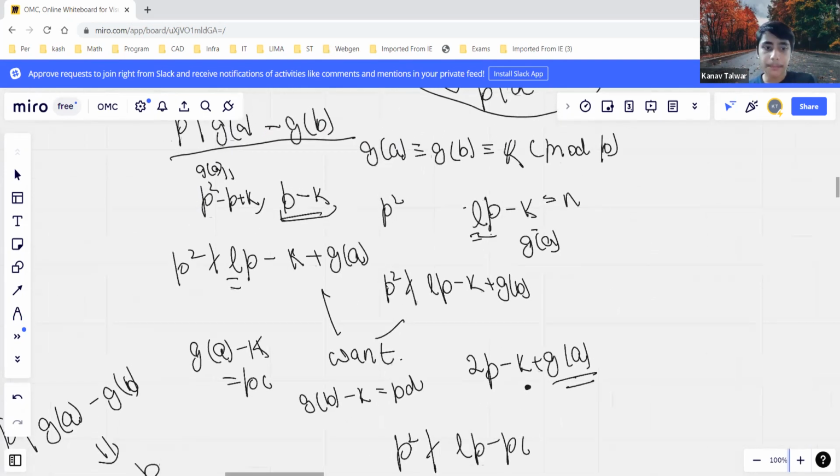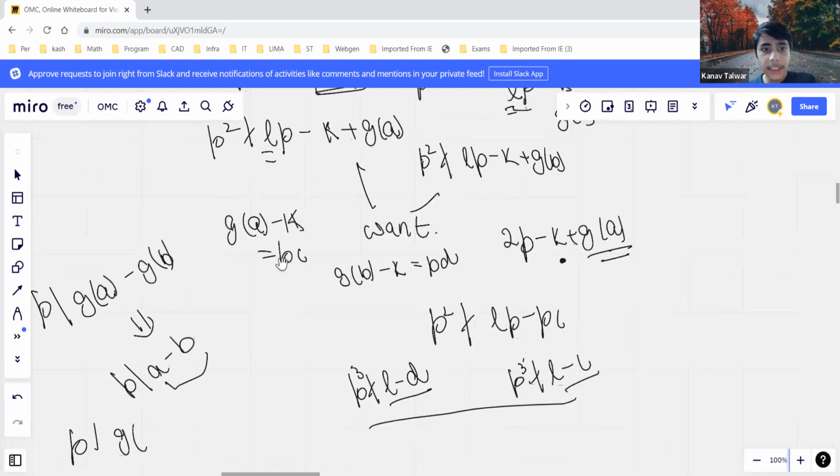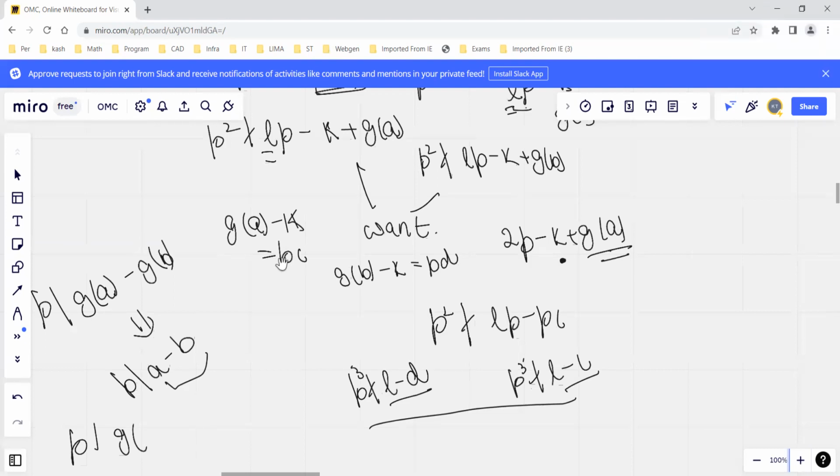So we assume that G of A is congruent to G of B is congruent to K mod P. So let G of A minus K equal P C and G of B minus K equal P D. Here it is clear.